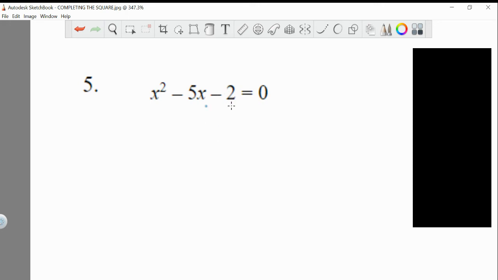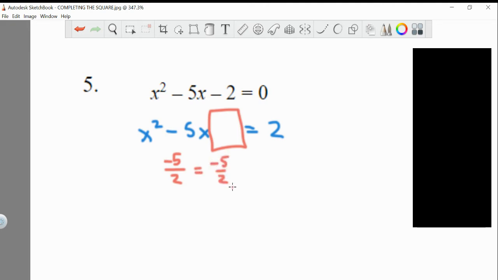So we need to move the 2. Okay, so I'm going to go ahead and have x squared minus 5x equals 2 over here. I need to have the perfect number that goes right here. Now here's where we run into an issue. This number b, which is -5, when you divide -5 by 2, you get -5 over 2.